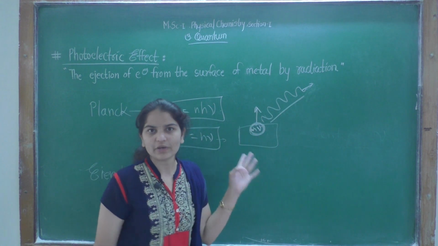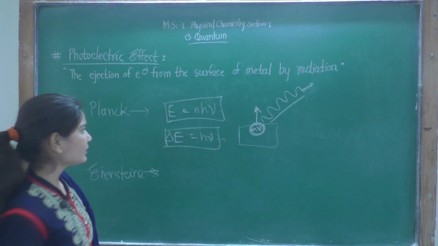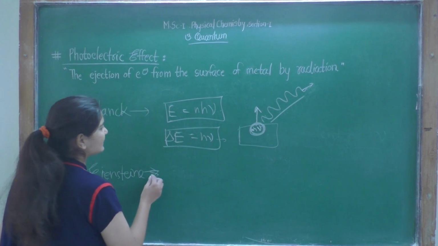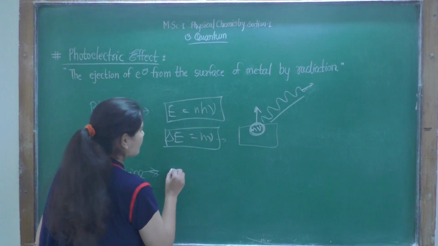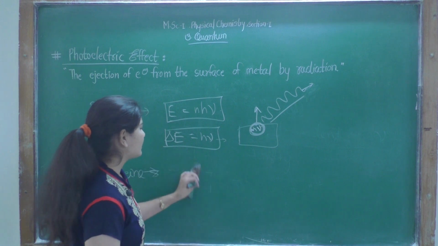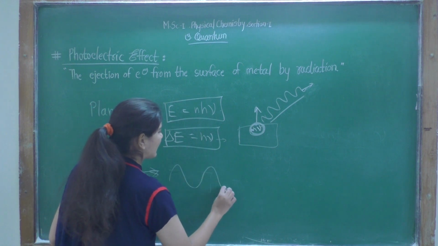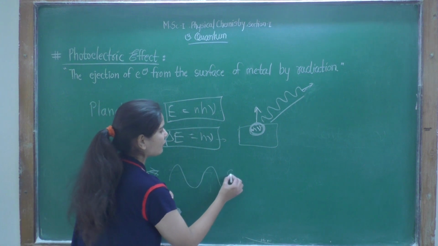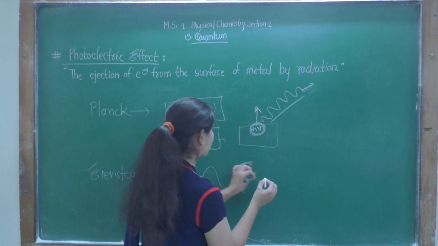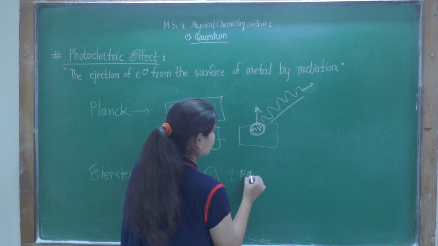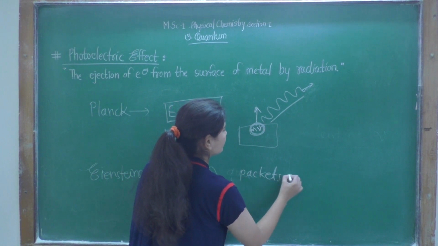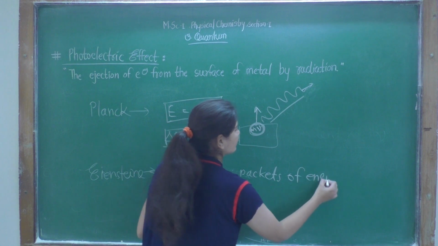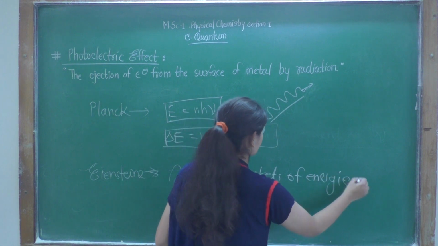It will be in the form of radiation. But Einstein extended this concept and said the radiation itself contains quanta of energy, or packets of energy, or we can say bundles of energy.